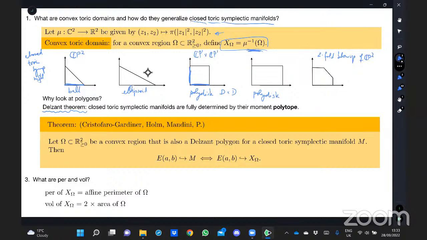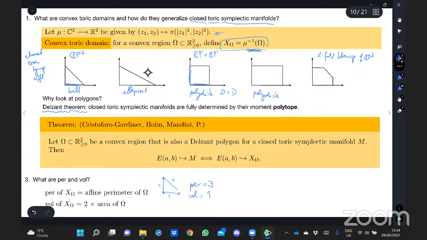Okay, and finally, what are pair and vol? So pair of X omega is just the affine perimeter of this drawing. For example, if this ball has side length 1, then because it's affine length, Euclidean length, that is also length 1, so pair is 3, and the volume is 2 times the area, so vol would be 1.